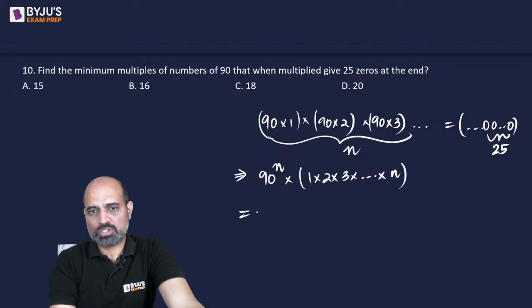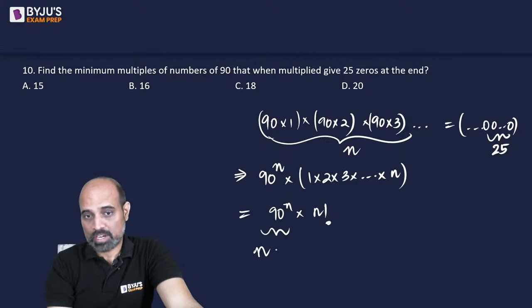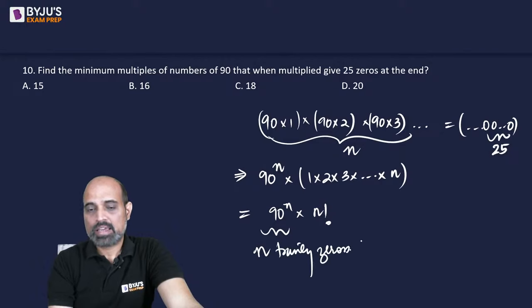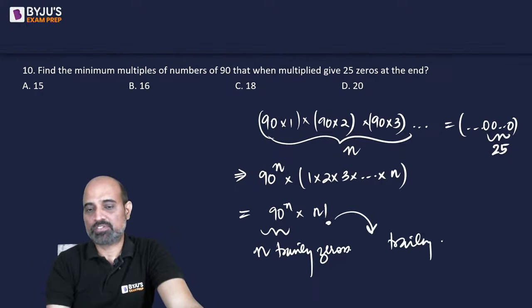So this is going to result in 90 to the power n into n factorial. Now 90 to the power n, they already have n trailing zeros, तो इधर ही से आ जाएंगे, right? And we will be getting further trailing zeros from n factorial.